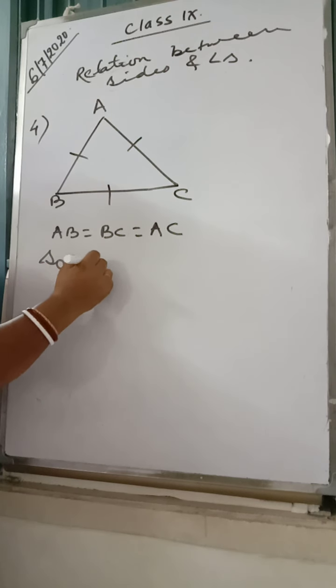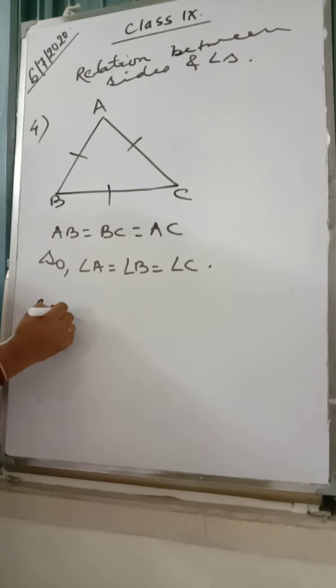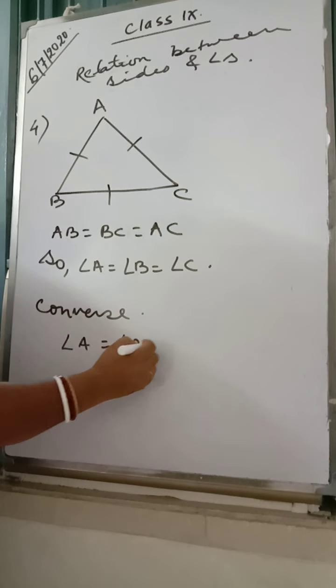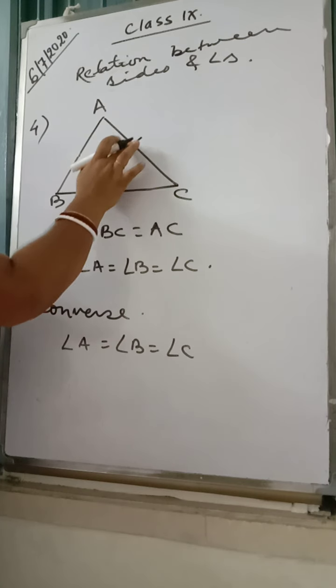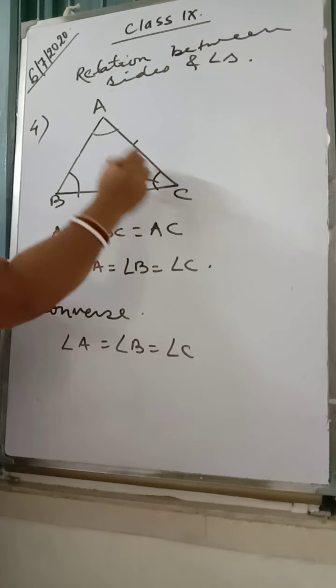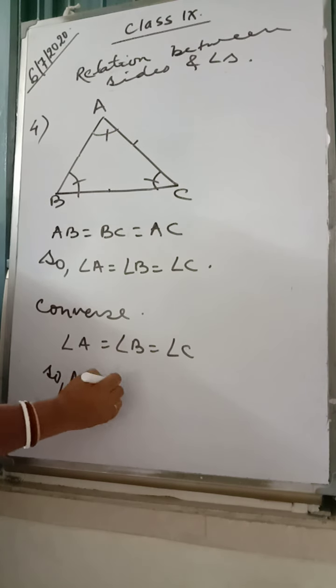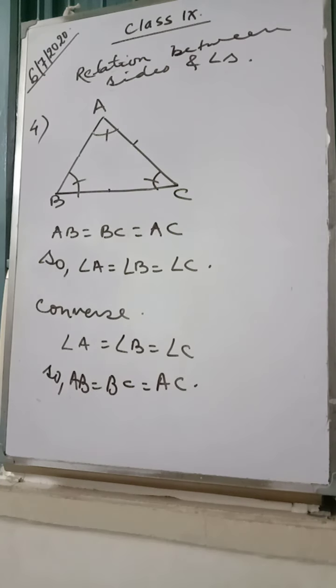So angle A will be equal to angle B will be equal to angle C. Or the converse is, if angle A is equal to angle B is equal to angle C, here we didn't have the sides equal, but if the angles are equal, the sides will be equal. So AB is equal to BC is equal to AC. This is applicable for the equilateral triangle. These are the relations between sides and angles of a triangle.